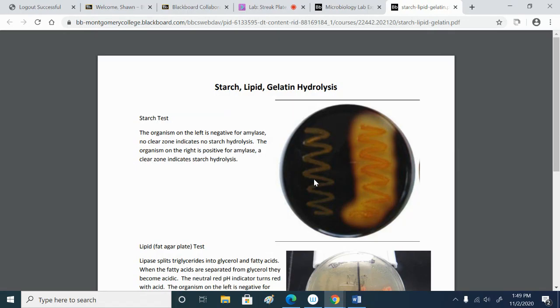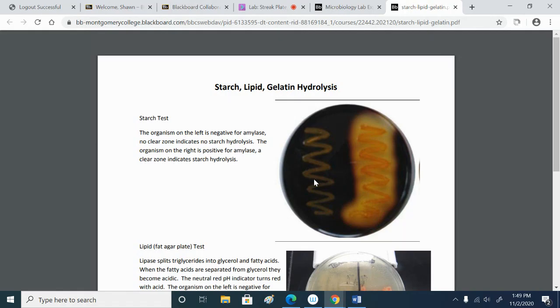The organism on the right, we see a bright clear zone around the growth. And in fact, not only is there no starch there to react with the iodine, but the agar plate turns clear enough to see through. So in lab, one of the things I have the students do is put their plates on top of a piece of paper with writing.